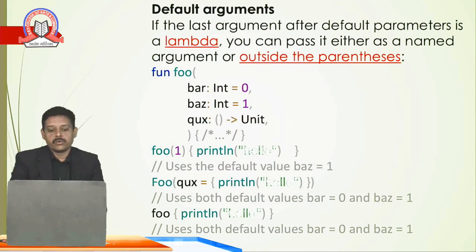Then foo with qux, println hello, it will use default values for bar and baz as 0 and 1. In the same way we can use it for the next function.